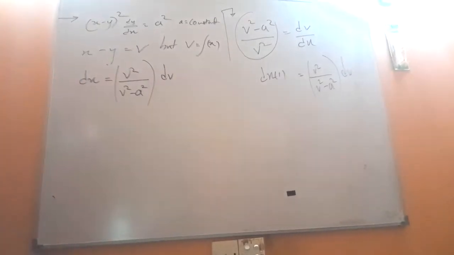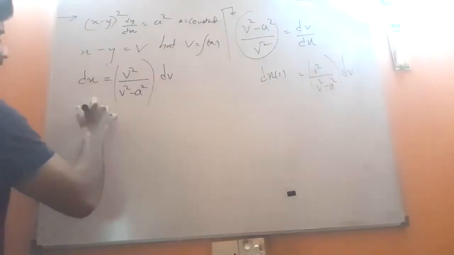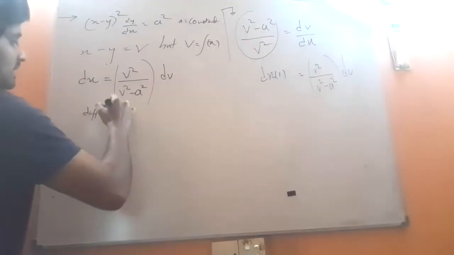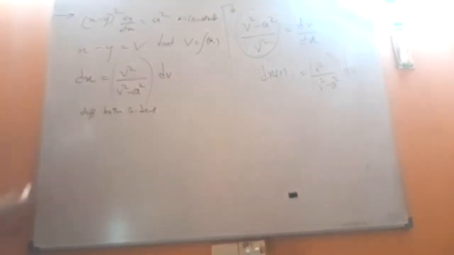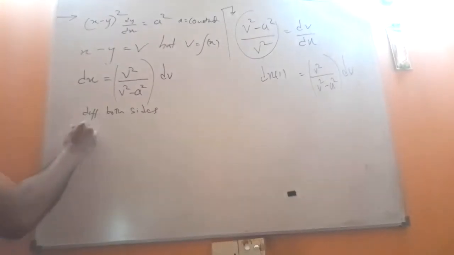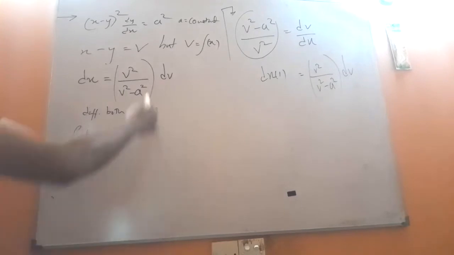Now integrate both sides. So that means this side you are going to integrate with respect to x, equals this side you are going to integrate with respect to v.